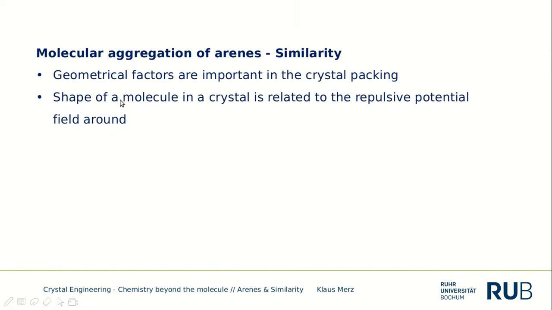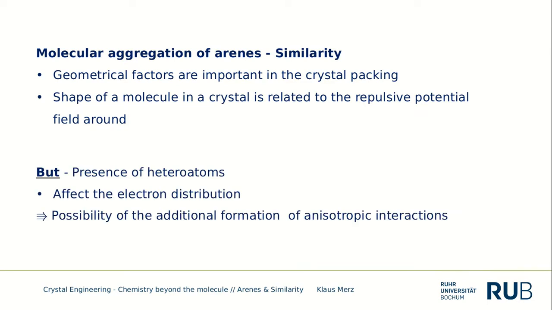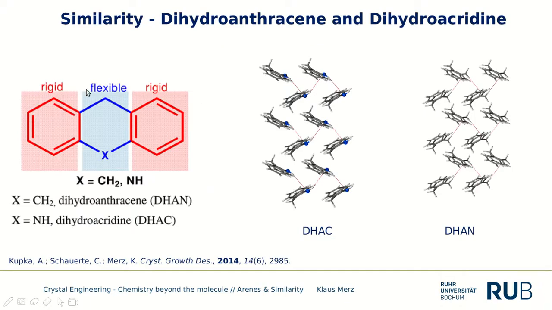So the geometrical factors are important for crystal packing. This is clear. And the shape of a molecular crystal is related to the repulsive potential field around it. But very important, what we have seen here: here is an aromatic system, here is an aromatic system, but not in this case.